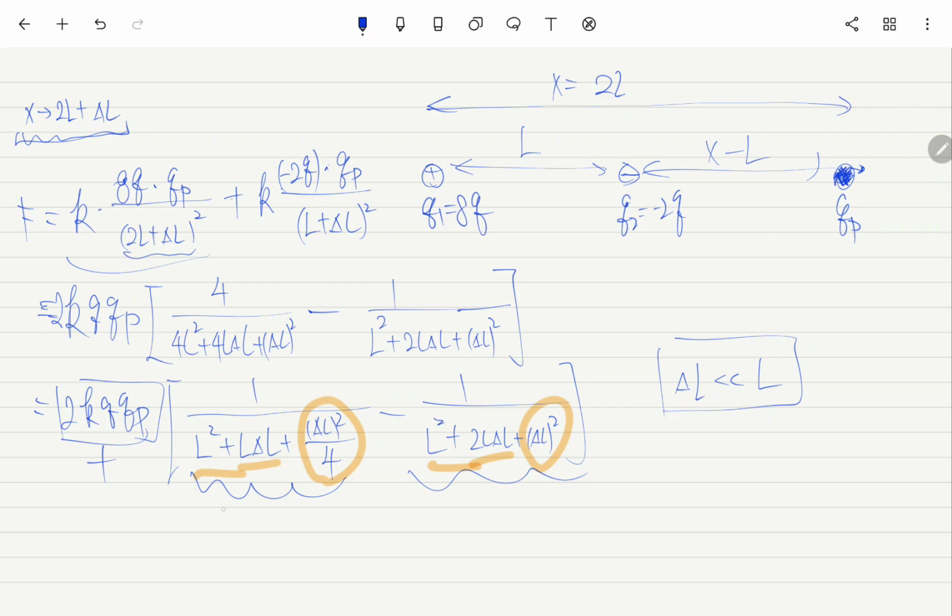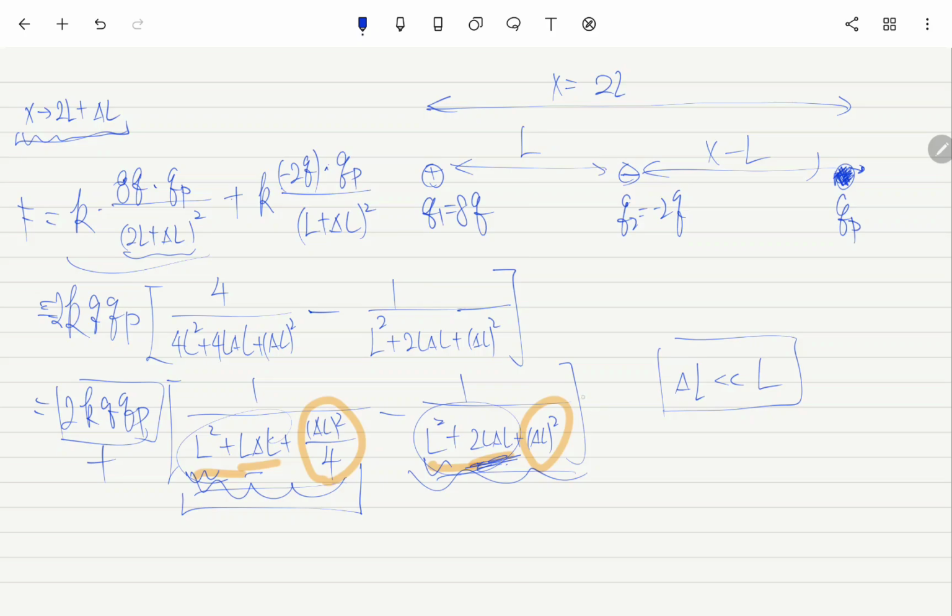Okay, so we need to compare these two fractions. The numerators are both one, the denominators are different, so whichever has the larger denominator, the whole number is smaller. Okay, so in that case, L square will be the same thing, and so in that case, 2L delta L should be larger than L times delta L. So this one is larger than this one, which means that this whole fraction is larger.